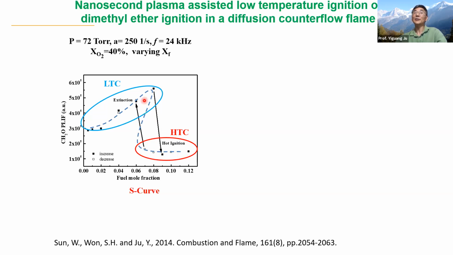So what this figure says is that plasma can enhance low temperature flames or low temperature combustion, and then trigger the transition from low temperature combustion to high temperature combustion. This is very interesting, showing that if you can control low temperature combustion by plasma, you can probably accelerate the combustion as well.